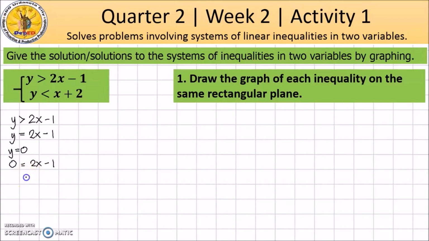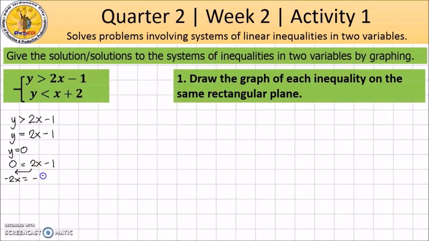Now, we need to isolate the x variable on the left side of the equation. So, in layman's terms, we need to transpose this. If we transpose this, it will become negative 2x. Next, negative 1 will remain on the right side of the equation.